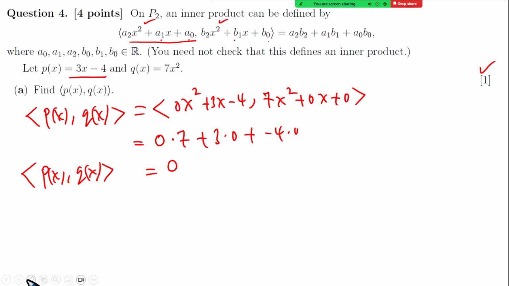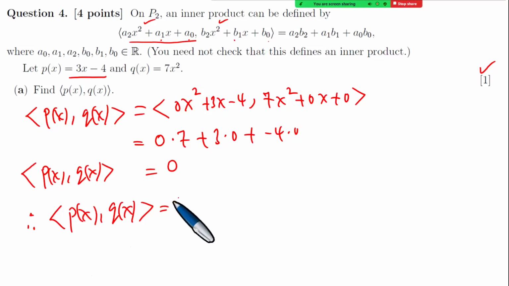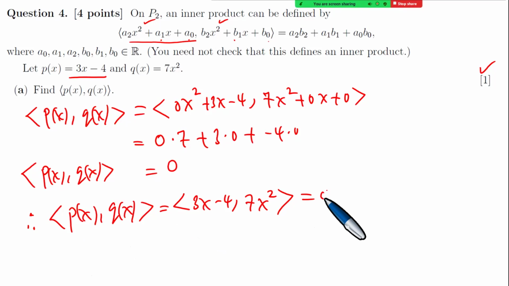And therefore you can conclude that the inner product of 3x minus 4 with 7x squared is exactly 0. Any questions? Okay, so we've seen that. It's very, very straightforward. So we found the inner product there. We're practicing properties of the inner product.